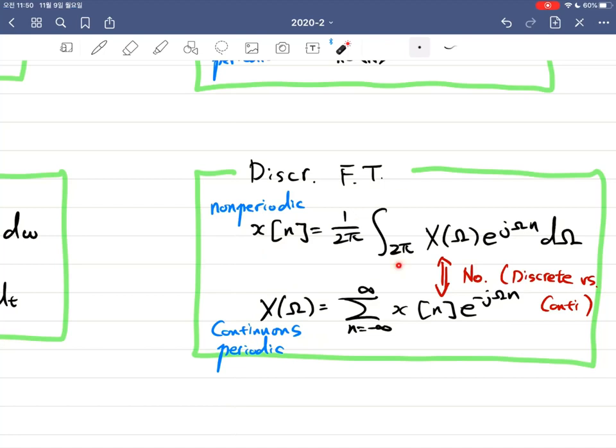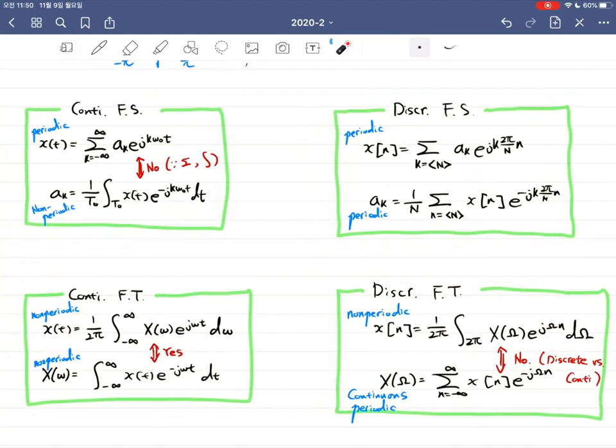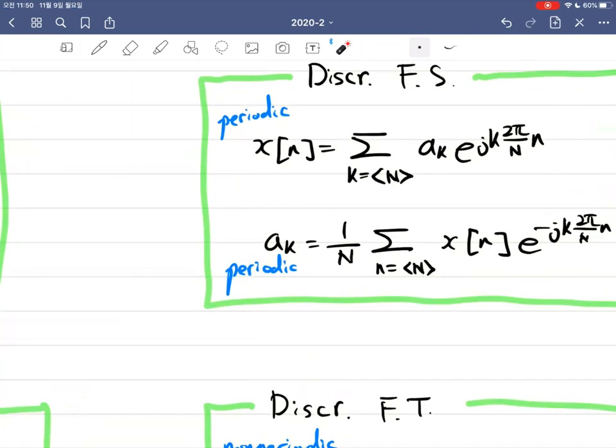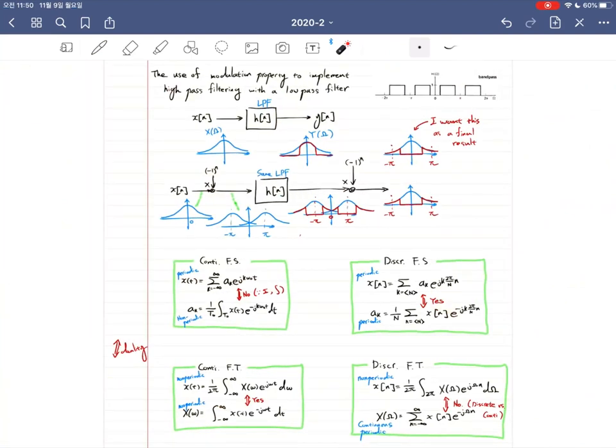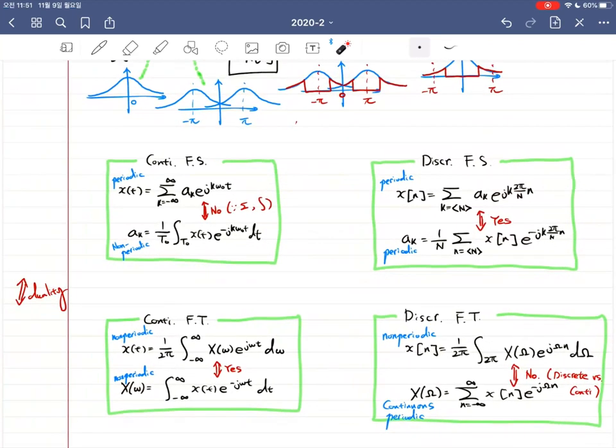Of course, the integration and summation are different. So if you carefully examine the discrete time Fourier series, these two are in duality position. So this x[n] and a_k are in a duality relationship. Yes. Okay, so do you think this is all that we can find for the duality between these groups?